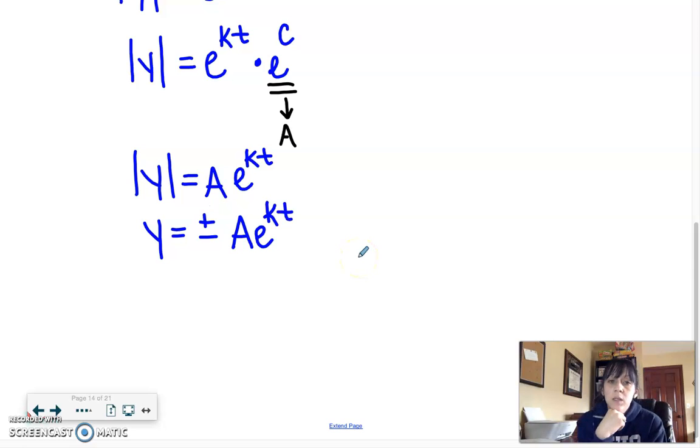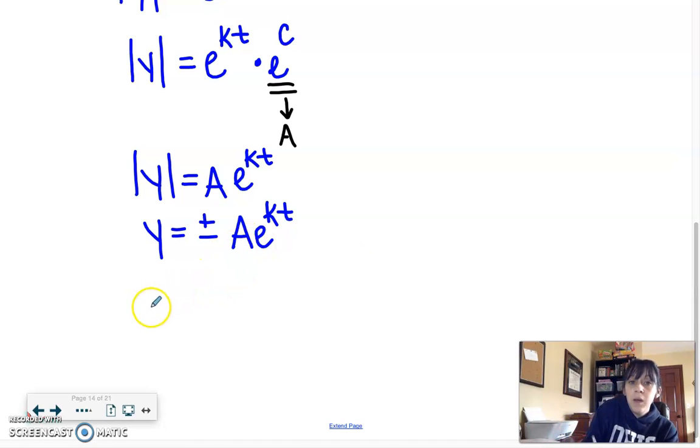Okay, one other quick discussion point. Is the plus or minus that important? Because what does A represent? A represents a constant. Constants can be literally anything. So us putting a plus or minus in the front is a little bit unnecessary, because A represents literally any number.